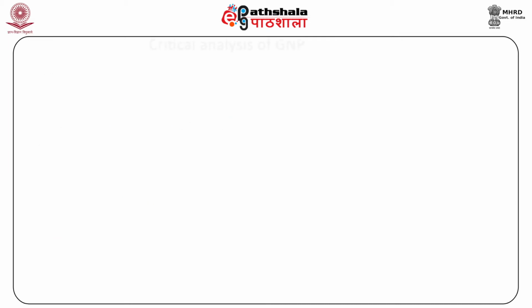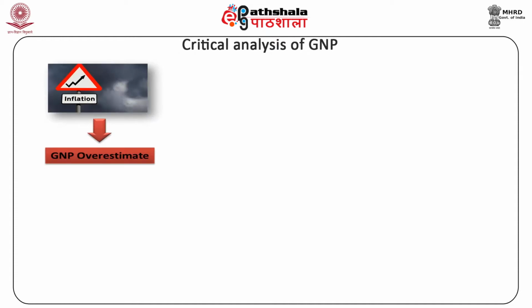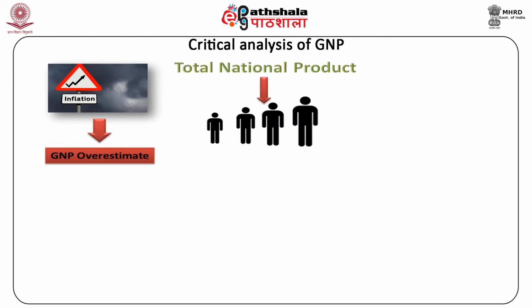One important observation that could be seen in the late 1970s was that people became critical of per capita income or GNP as a measure of economic development. The reason being, first, being expressed in terms of money, if there is inflation, the nominal GNP becomes an overestimate. Secondly, it does not reveal how unequally the total national product or income may be spread over the various income groups.